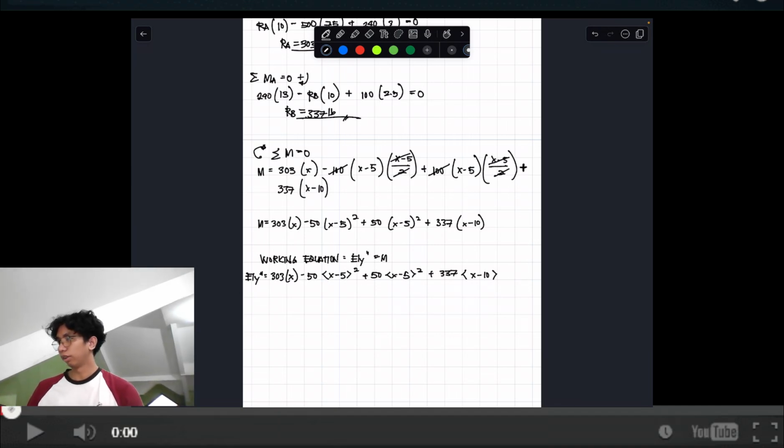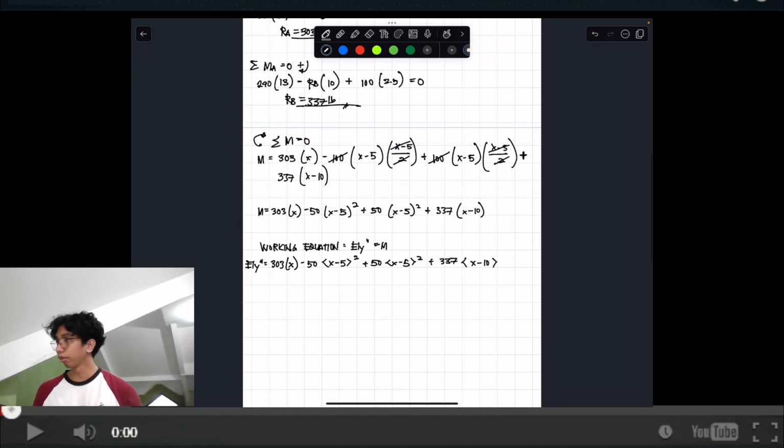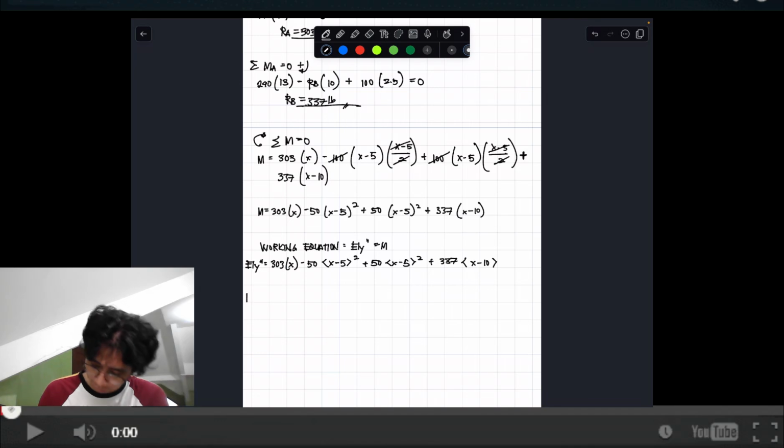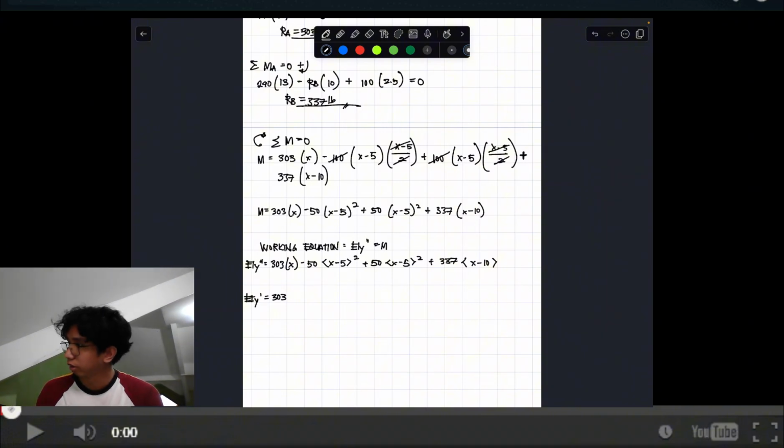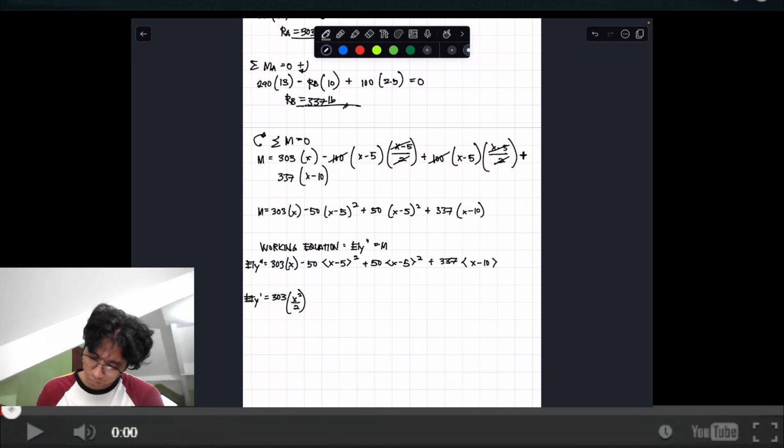And next is EIY'. So 303, ang mangyayari is x squared divided by 2, minus 50 (x minus 5), which will be n plus 1.